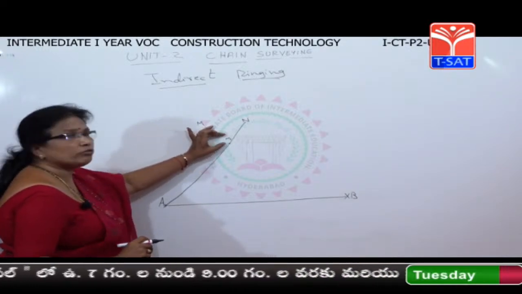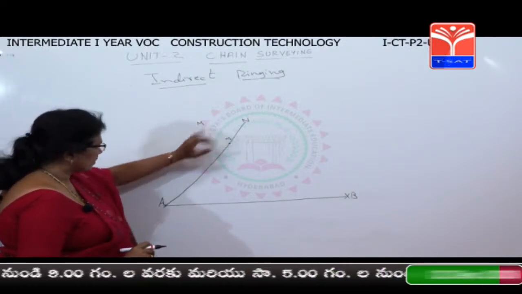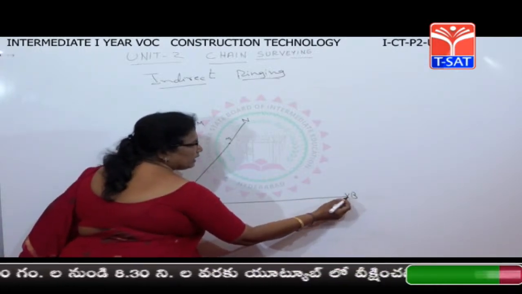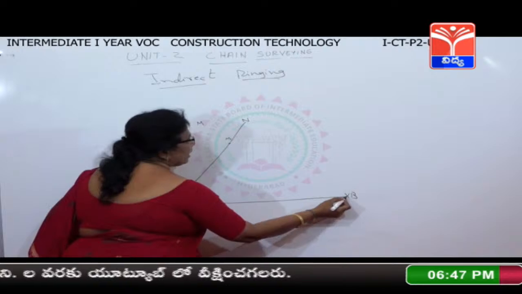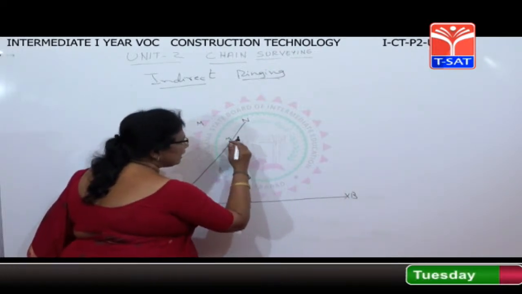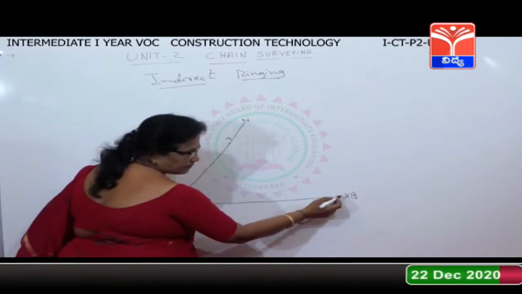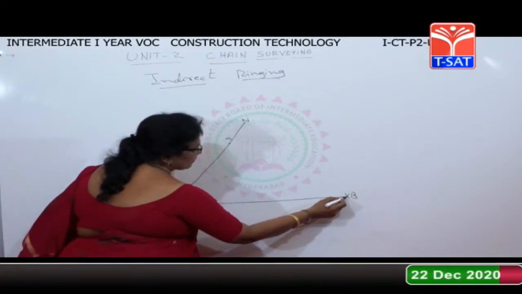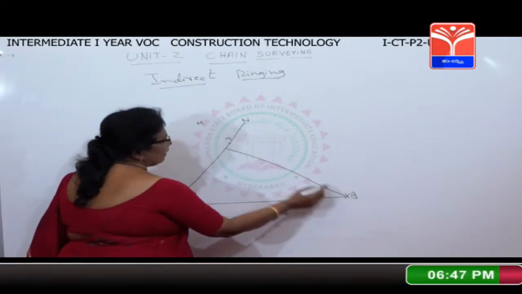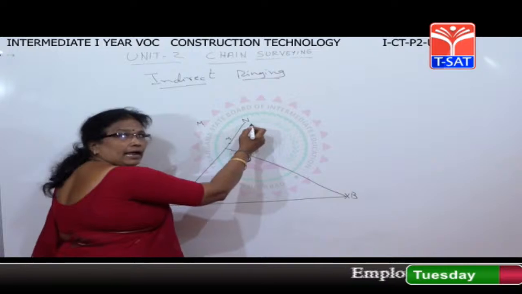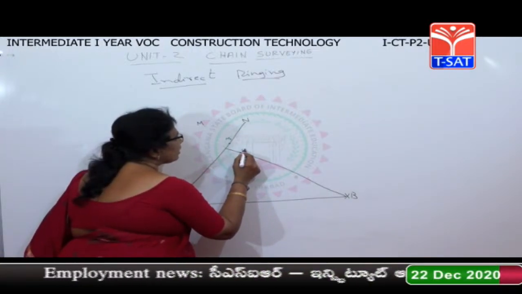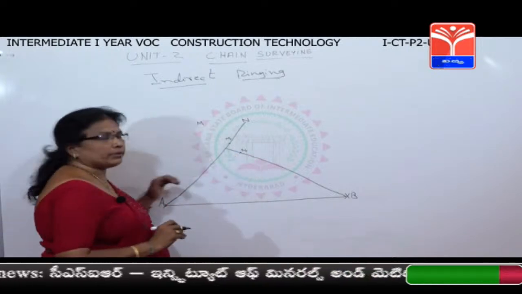M person will move to M1. Then next, the person at B will ask N person to move in a straight line. Like this, B person will direct N to move in this direction. Then N1 will come here.